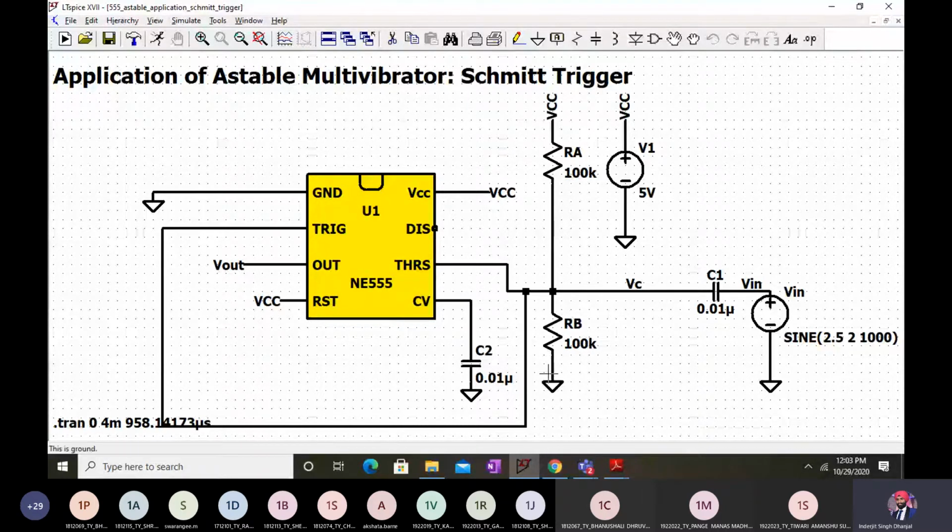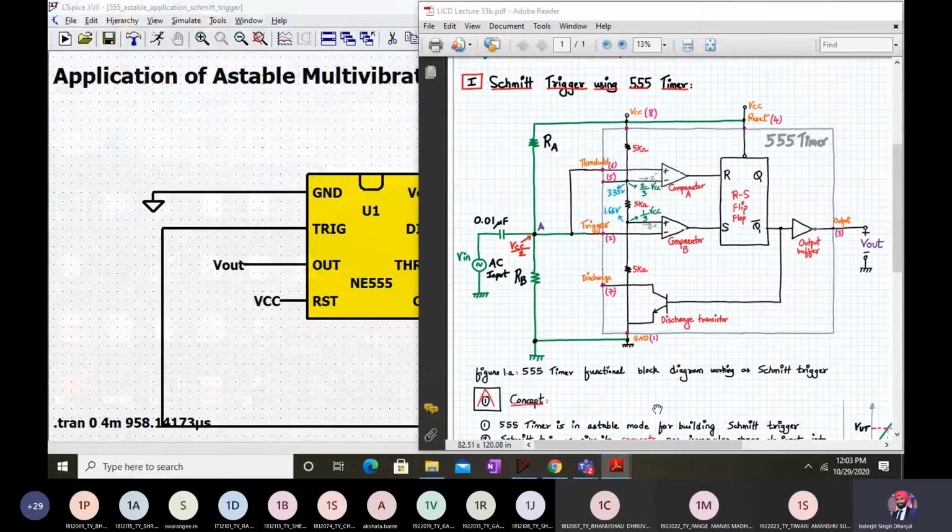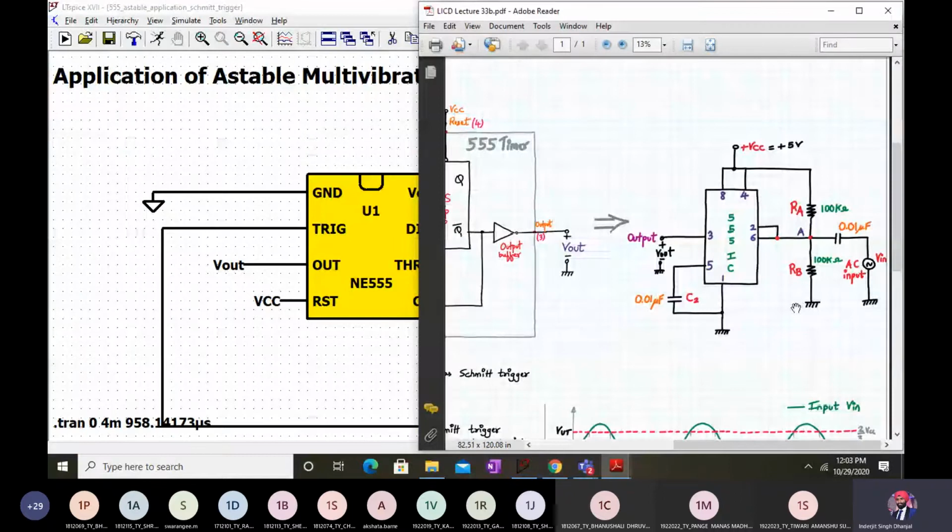Earlier we had connected a capacitor, but in this diagram there is none. Pin number 7 is also not connected anywhere, because there is no capacitor, so there is no requirement of a discharge terminal.